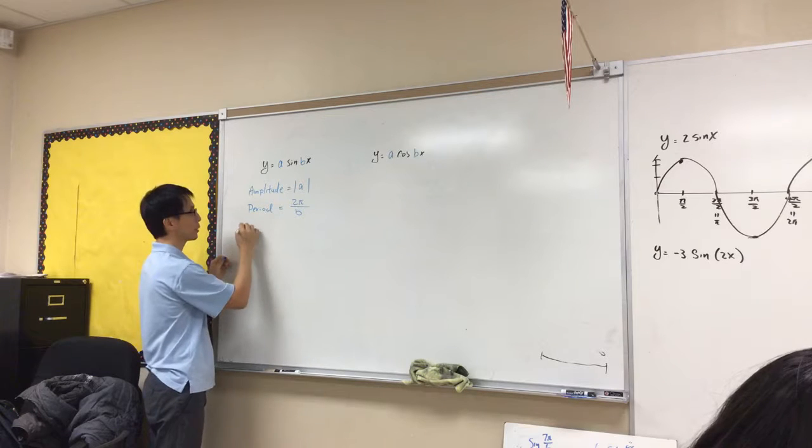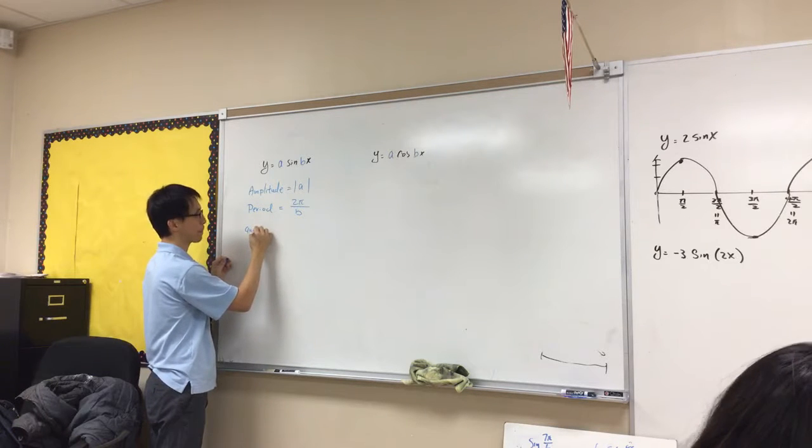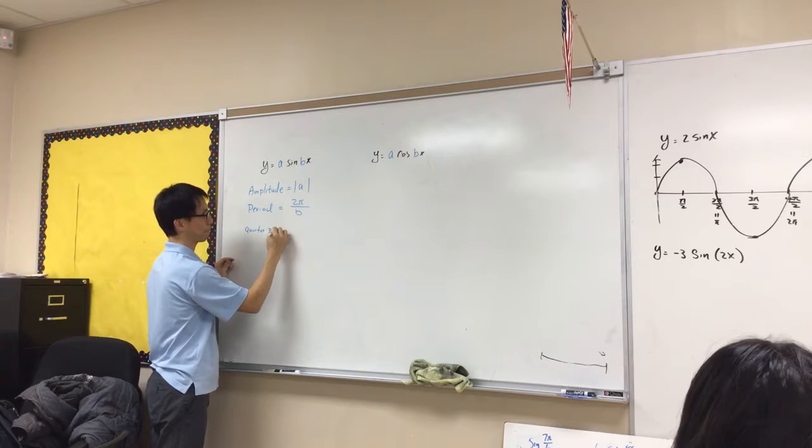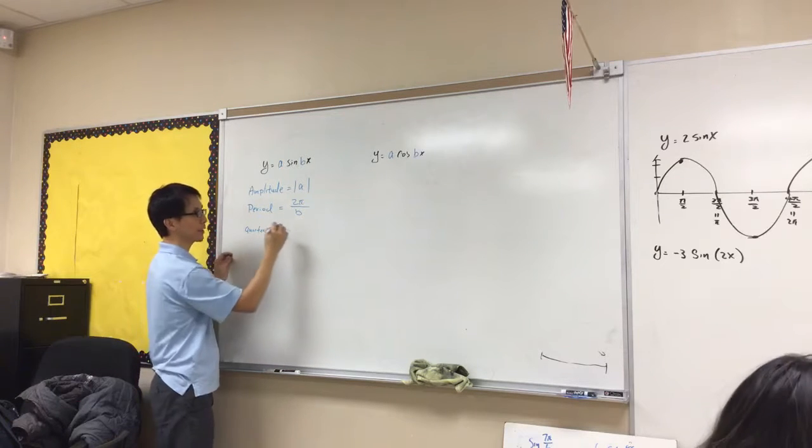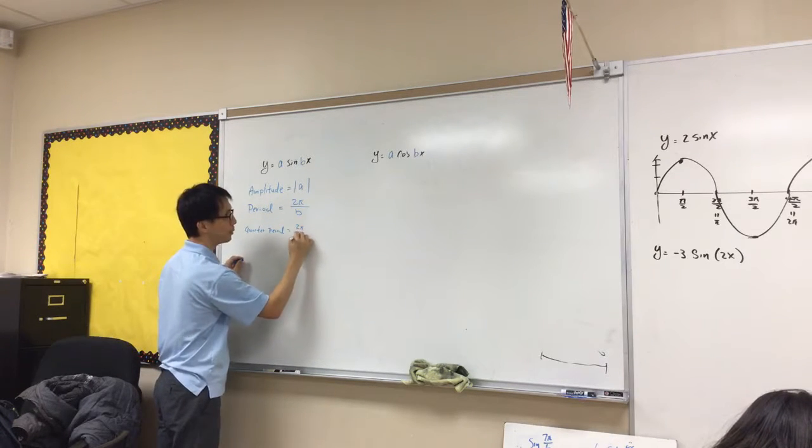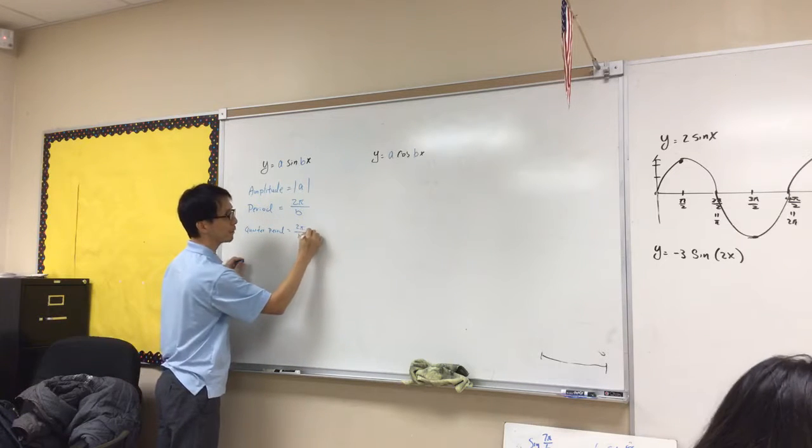So what is quarter period? Quarter period is going to be 2 pi over b, whatever that number is, divided by 4.